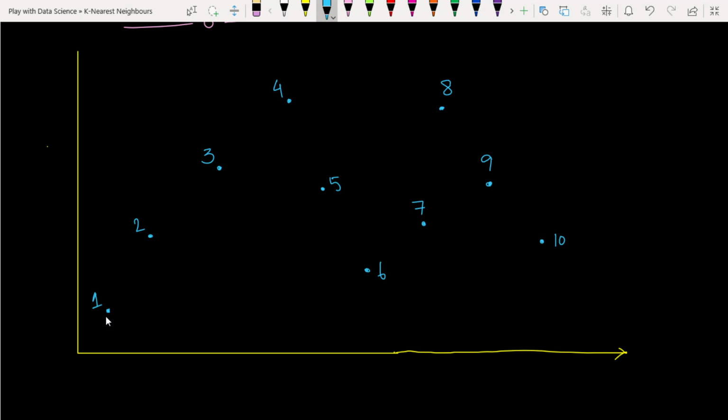First, let's write down the points with respect to the x-axis. Suppose this is our x-axis and this is our y-axis. First write down the corresponding image of each point. I am using pink color here.